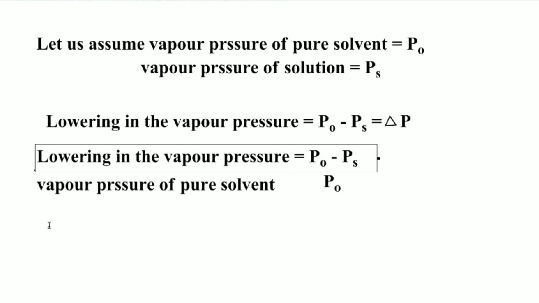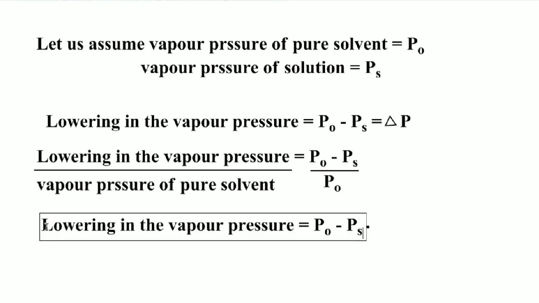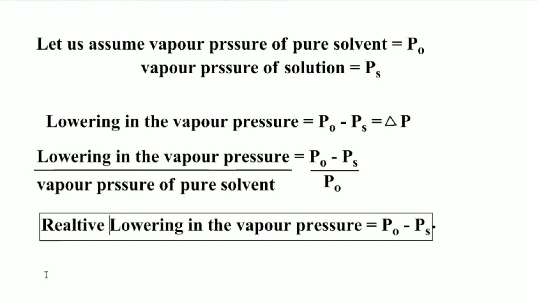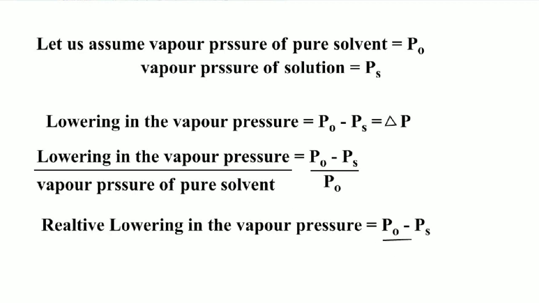So therefore, students, relative lowering in the vapor pressure is the ratio of lowering in the vapor pressure to the vapor pressure of the pure solvent.